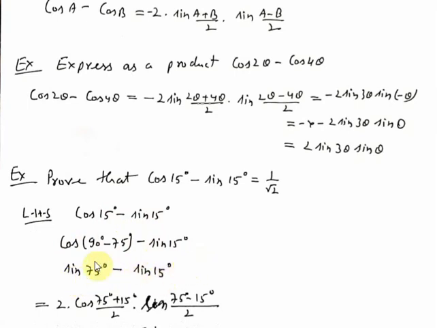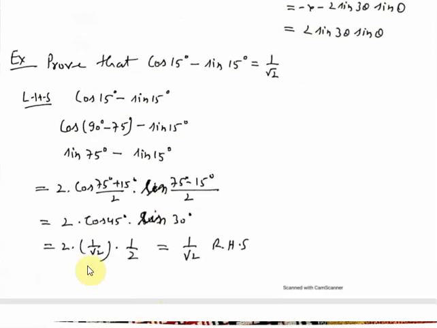So now we change this difference into product form. We will use the identity for converting into a product form. So this is sine minus sine. In case of minus, cos comes first. So 2 cos (angle addition) upon 2, then sine (angle subtraction) upon 2.